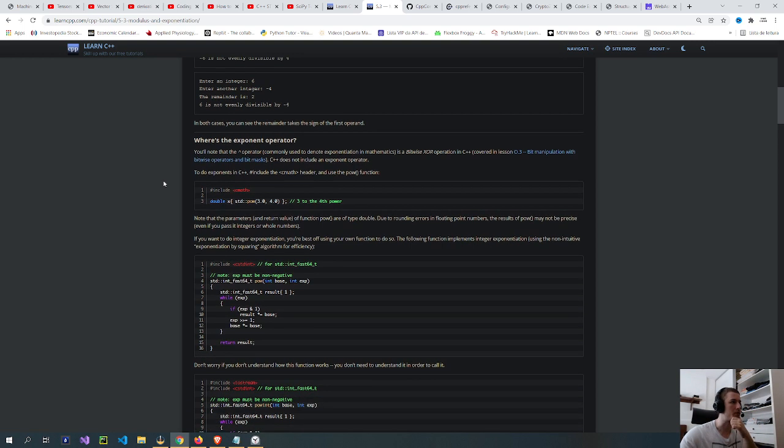Where's the exponent operator? Note that this operator, commonly used to denote exponentiation in mathematics, is a bitwise XOR operation in C++. Bit manipulation with bitwise operators and bitmasks. C++ does not include an exponent operator. To do exponents in C++, include the cmath header and use the pow function.